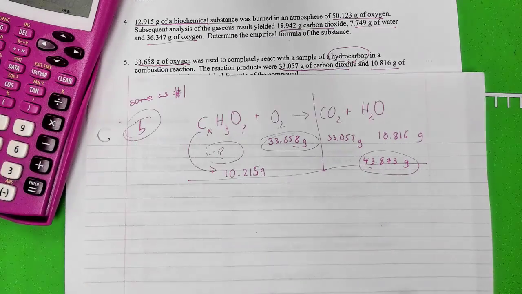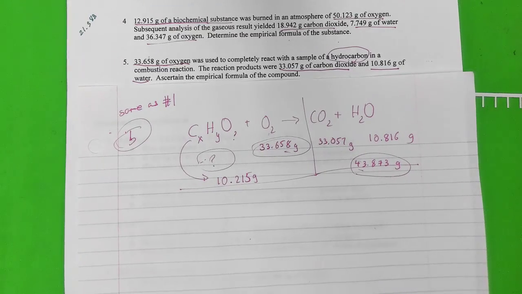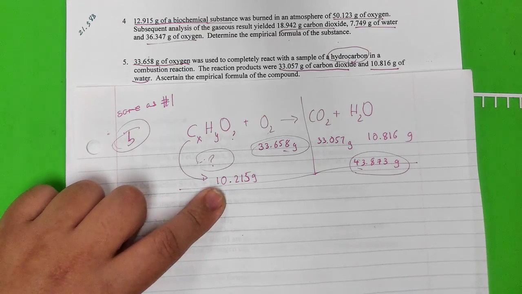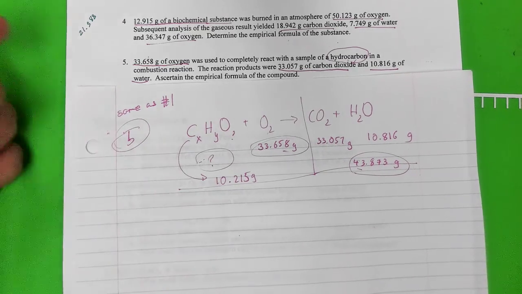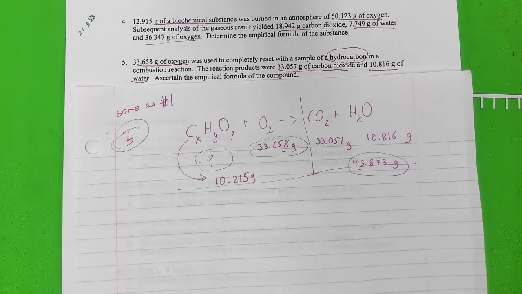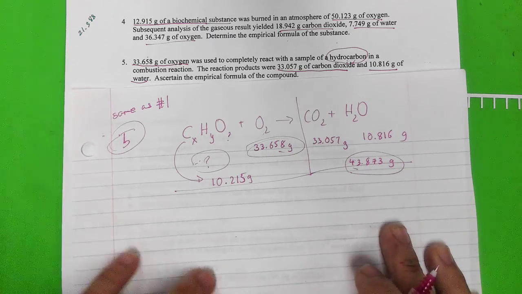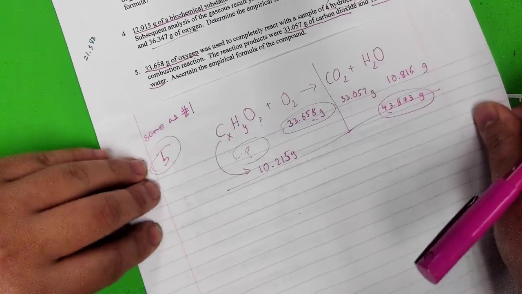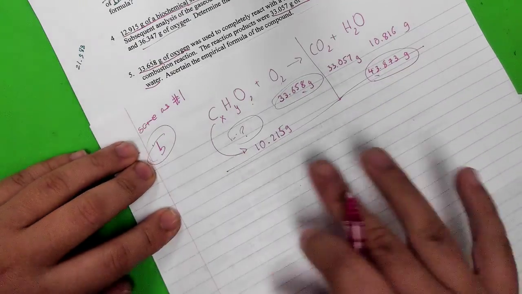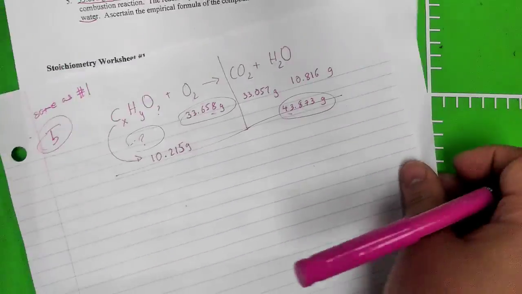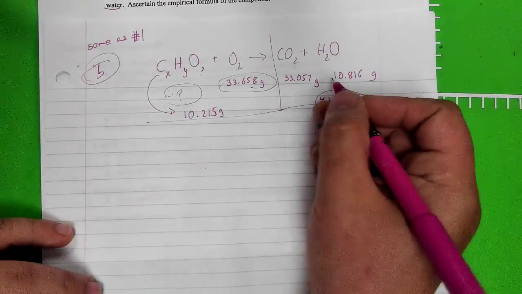Alrighty, which will make sense. Now that I figured out my hydrocarbon mass, that's now the same thing as number 2 or number 4. Number 2 and number 4, they just give you extra stuff, but it's the same thing. So let's go. Oh yeah, I guess that will be difficult to see. Okay.